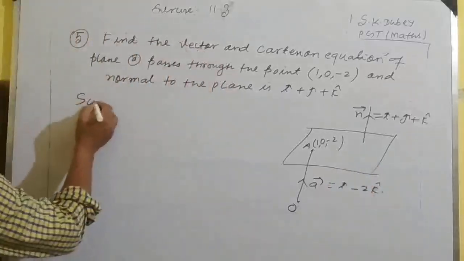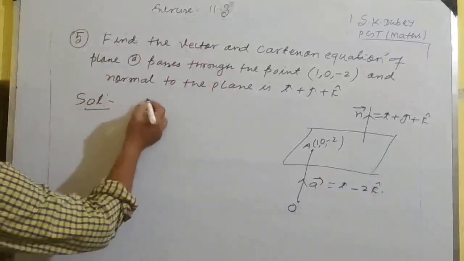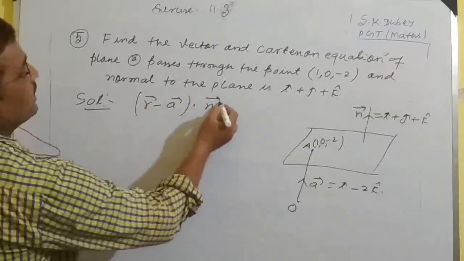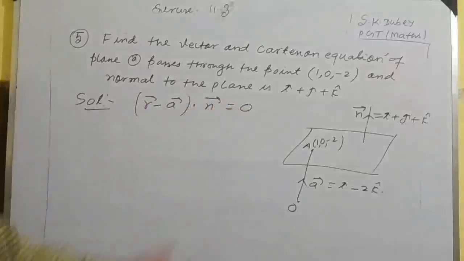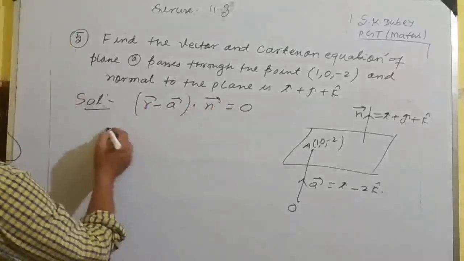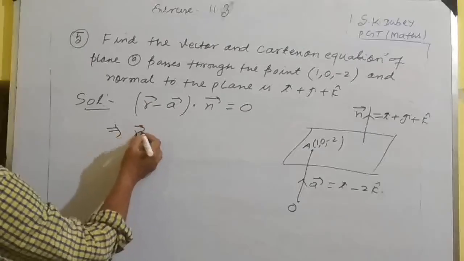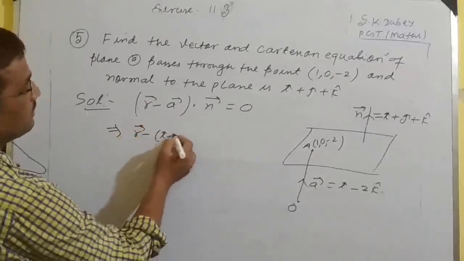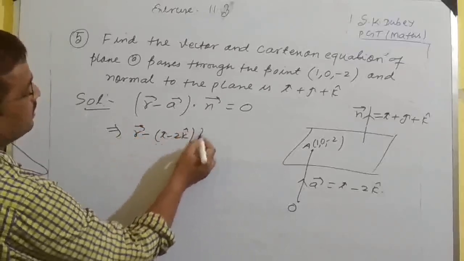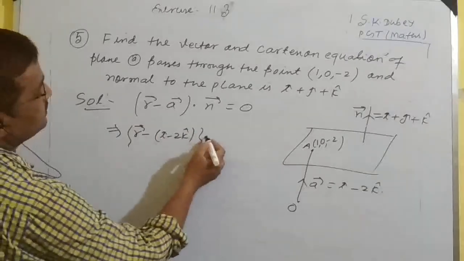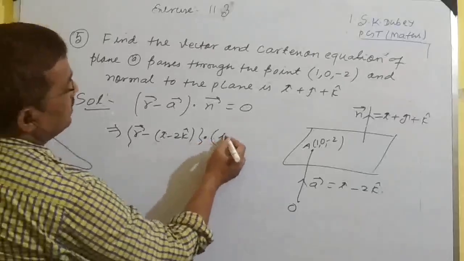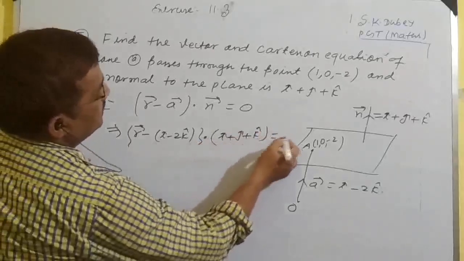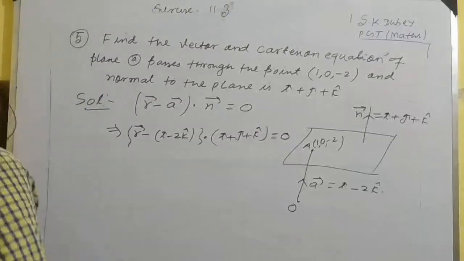Now, by using the formula r minus a dot n vector equal to 0, we can find the equation of the plane. This is r minus (i minus 2k) dot n vector, which is i plus j plus k vector, is equal to 0.